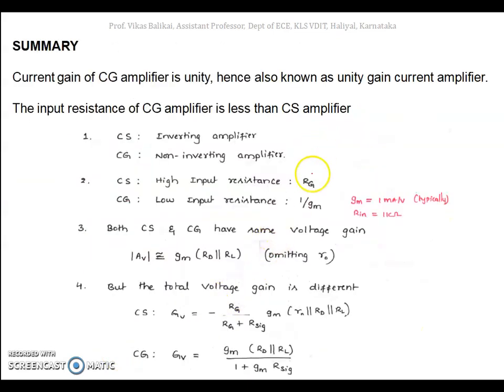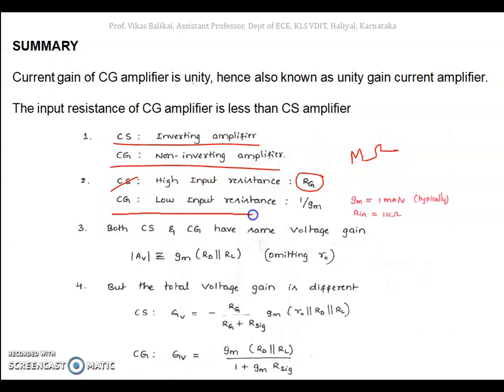Now to summarize with a few points, by comparing this designed common gate amplifier with the common source amplifier that we did in the previous lecture, we can conclude that the common source amplifier is an inverting amplifier, whereas the common gate amplifier is a non-inverting amplifier. The common source amplifier has an input resistance of Rg, which is in terms of mega ohms, whereas the common gate amplifier has an input resistance of 1 by Gm, which is in terms of kilo ohms, which means the input resistance of the common gate amplifier is much smaller than that of the common source amplifier.